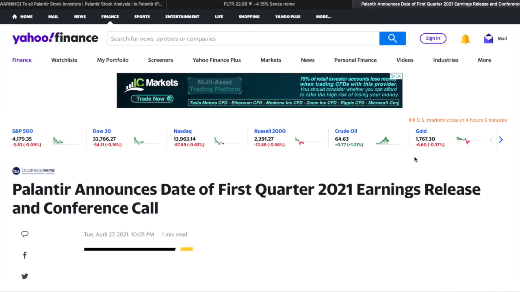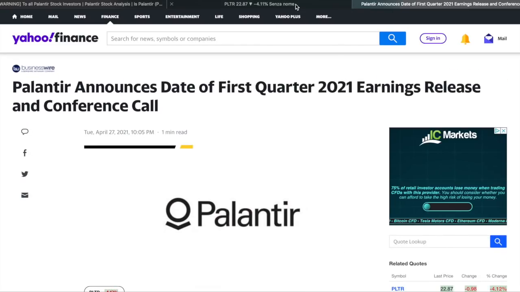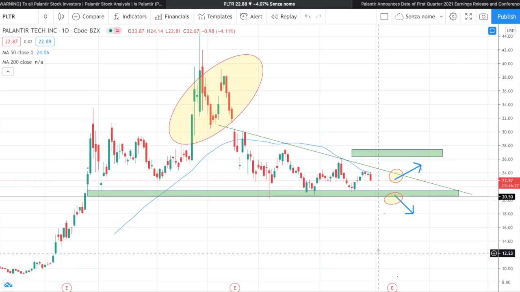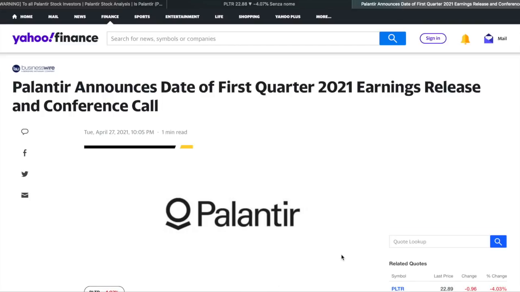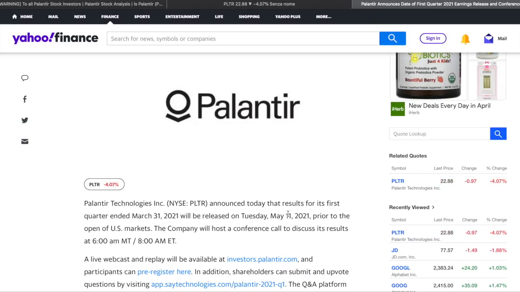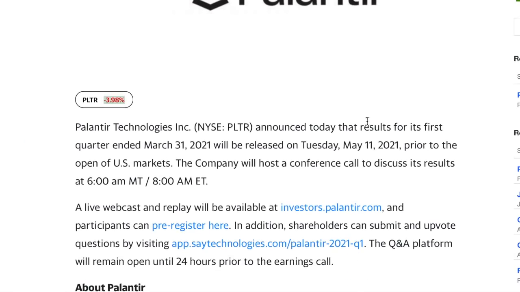Now, what can change this price action of Palantir remaining inside the triangle? What can be a catalyst in a good or bad way for Palantir? The date you want to keep an eye on is the earnings, 11th of May. Actually, Palantir yesterday confirmed that the announcement is on that day.